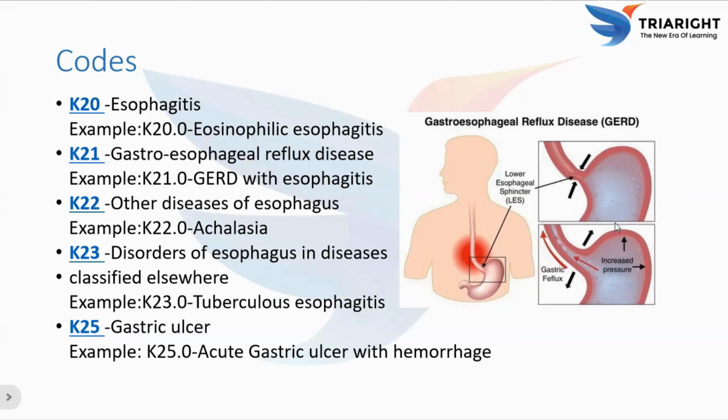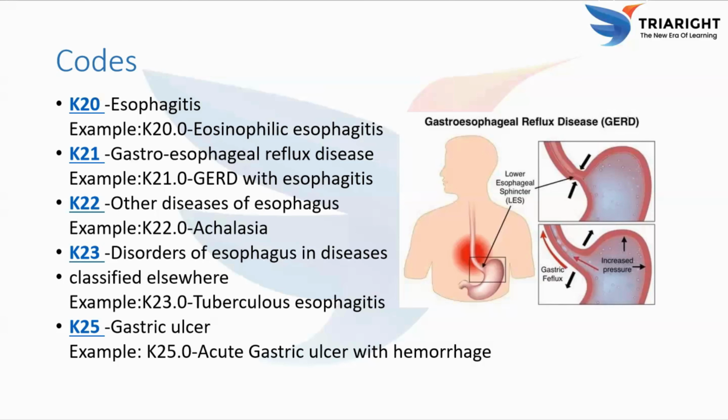So when the food bolus passes from the esophagus to the stomach, there will be increasing pressure from the food bolus movement. During this increased pressure, there will be a formation of gastric reflux or acid reflux. Due to this gastric reflux, the acid present in the stomach will bounce back and flow again into the esophagus.